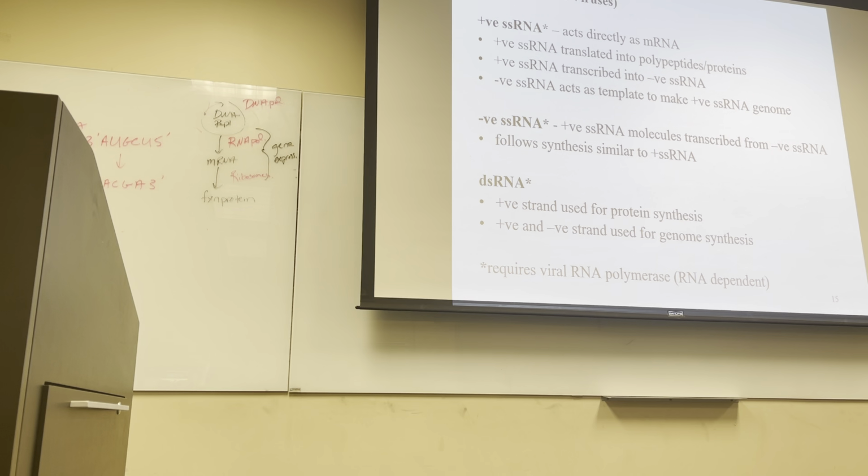And now, from this negative sense, we can start producing numerous positive sense genomes. Okay? So, positive RNA virus, we have to read the positive sense and make a negative. Now we have a template to make all the positive sense genomes that we can possibly make. All right? Problem.